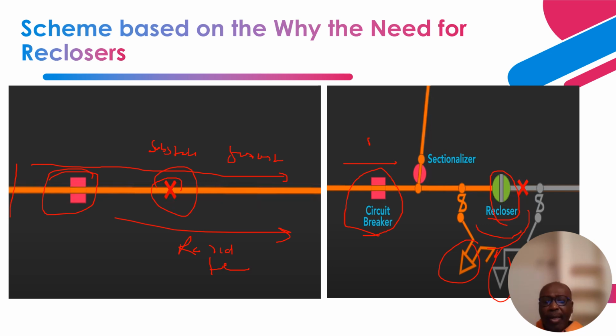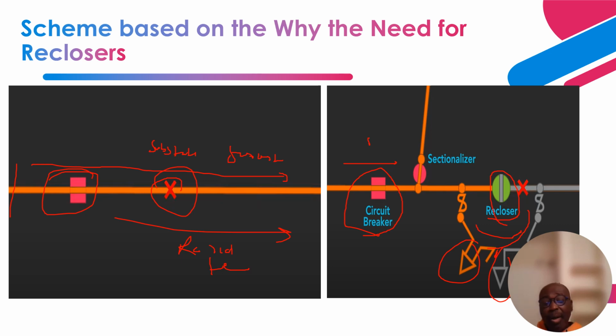Rather, it's the recloser that is going to open, and if the fault is a temporary fault, it's going to reclose based on the sequence and the time lag between each sequence to restore power immediately to these customers.